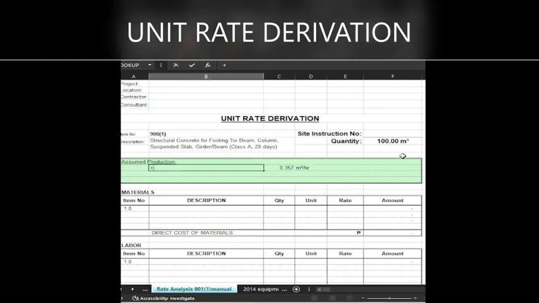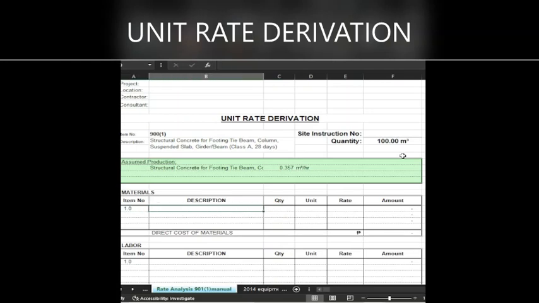So let's put the description here. Let's assume a quantity of 100 cubic meters. Anyway, this will not matter in the end because the unit price result will be the same even if you put 10, 1, or 5 cubic meters. We will just put 100 cubic meters for now.